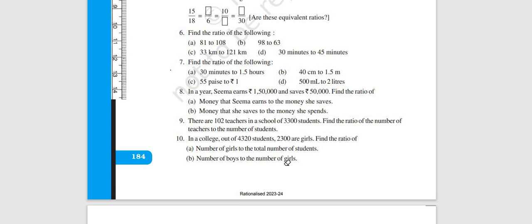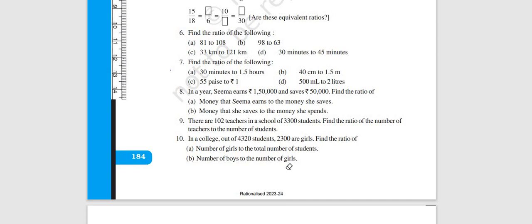Now we are going to discuss question number 8. In a year, Seema earns 1,50,000 rupees and saves 50,000 rupees. Question 1: find the ratio of money that Seema earns to the money she saves. Question 2: find the ratio of money that she saves to the money she spends.